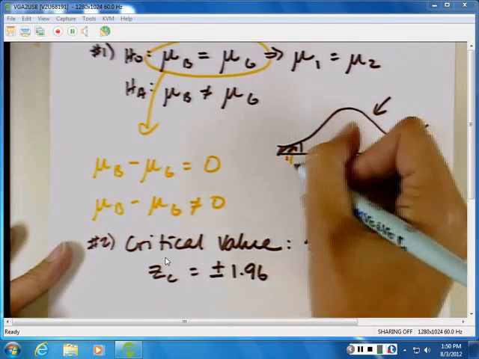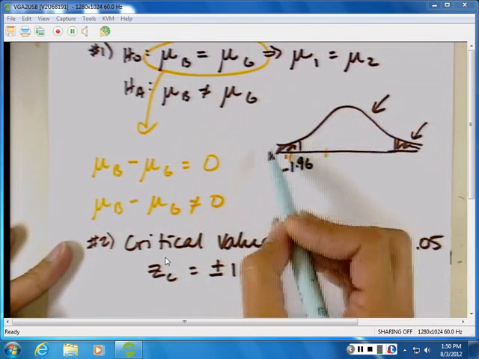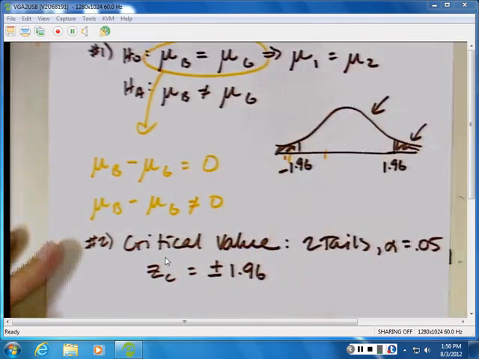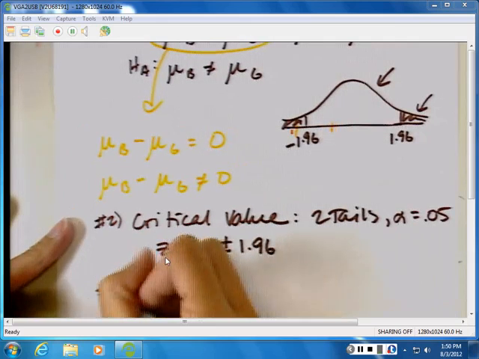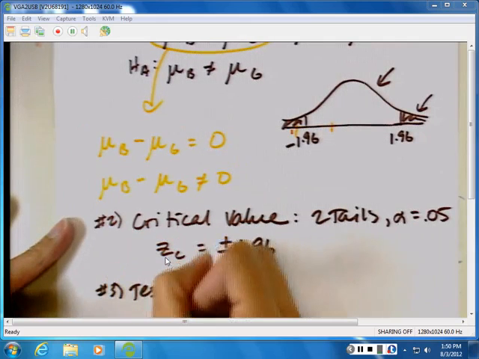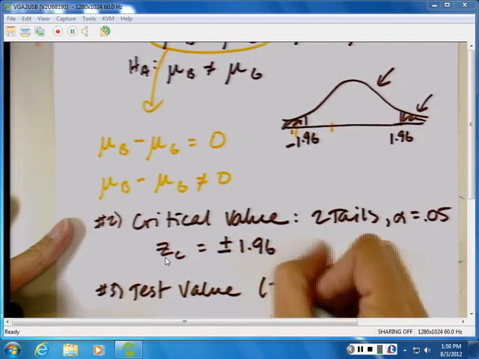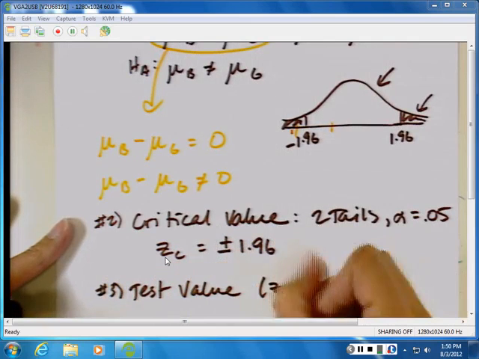So to be significant, I have to be either to the left of negative 1.96 or to the right of positive 1.96. Okay, step number 3 is to figure out our test value. And our test value is the z-score for the sample.